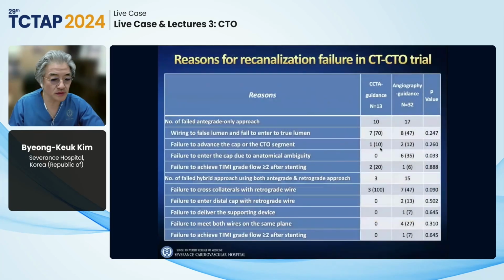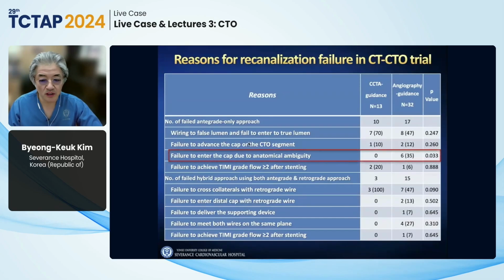When you look at the analysis regarding the reasons for CTO failure of the antegrade-only approach, failure to enter the cap due to anatomical ambiguity occurred more frequently in the angiographic guidance group.